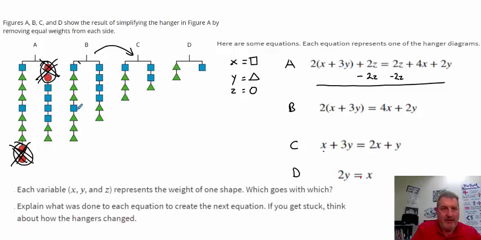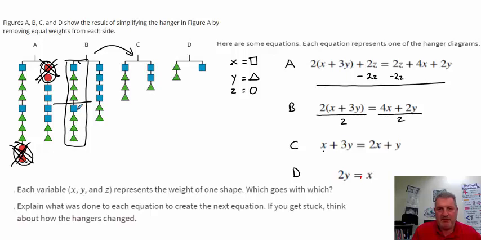Well, what they did was they took this side and divided it in half. They divided it by 2, or multiplied by 1/2. So they took this and divided it by 2, and then they divided this whole side by 2 also.